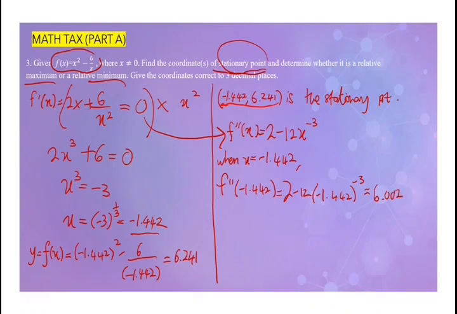And 6.002 is a positive value which is greater than 0. And therefore we may conclude that the point is a relative minimum. And don't forget to write your conclusion. Negative 1.442, 6.241 is the relative minimum.